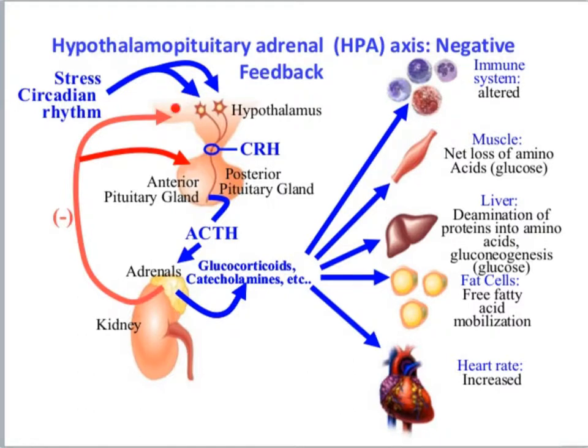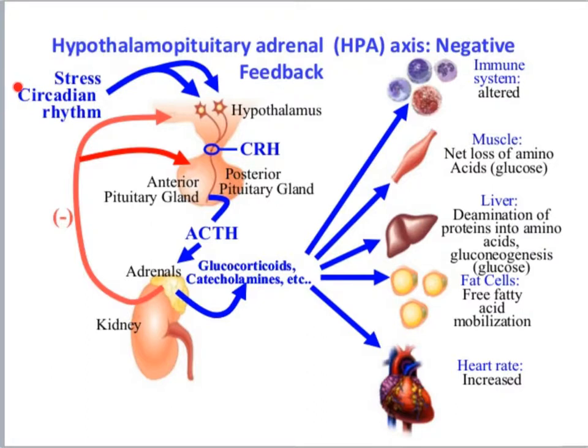The hypothalamus doesn't constantly secrete CRH. Its secretion of CRH is regulated by several things. One of the main ones is stress. Any stress that your body feels, and this can be physical stress or mental stress or emotional stress, all of those signals get sent to the hypothalamus and they upregulate the amount of CRH that is produced.